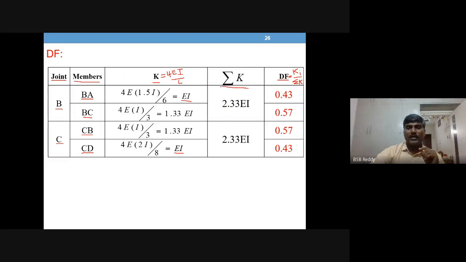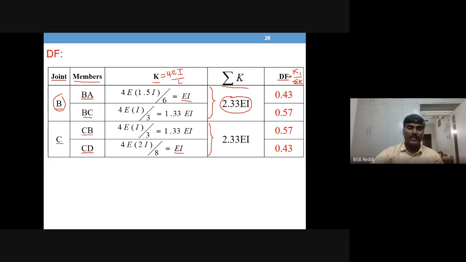So what is sigma K? Be careful with these cells, how you make cells. These two you have to combine, and these two you have to combine here. Sigma K is related to the joint, that's why you have to make a single cell by combining these two.